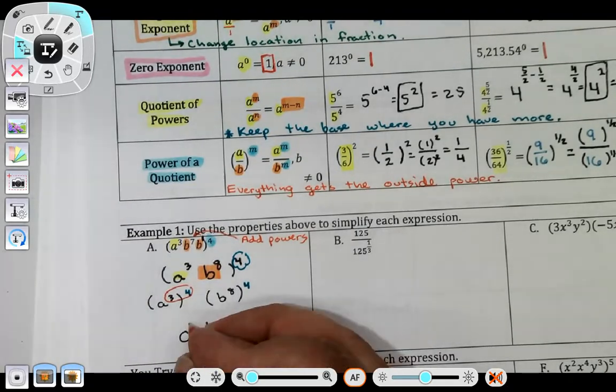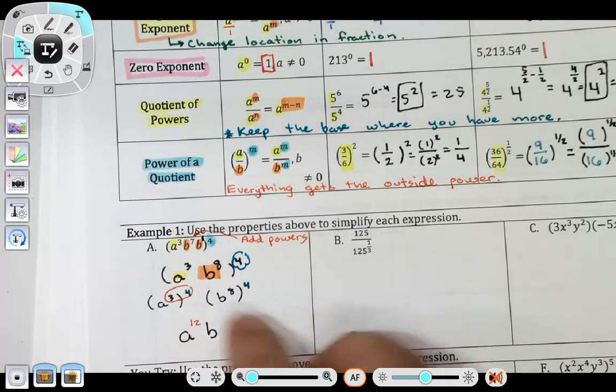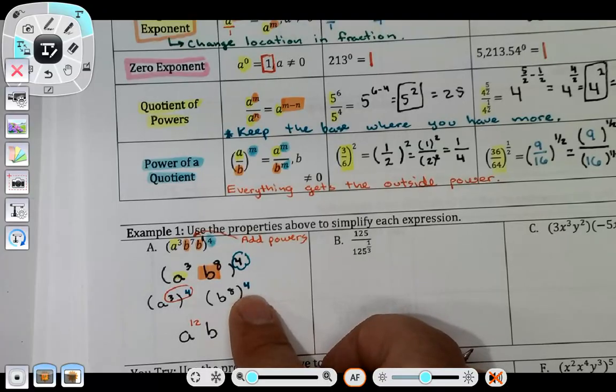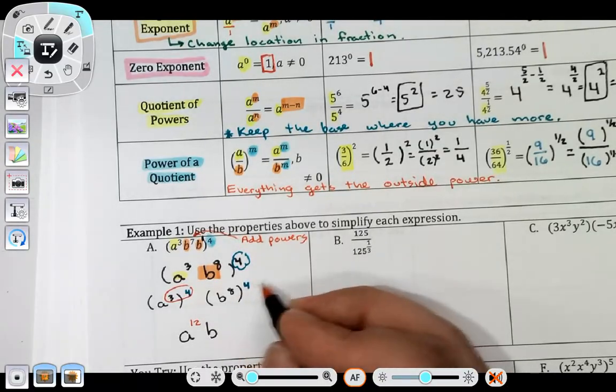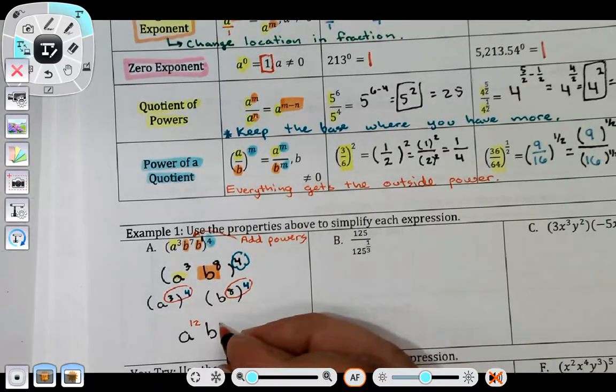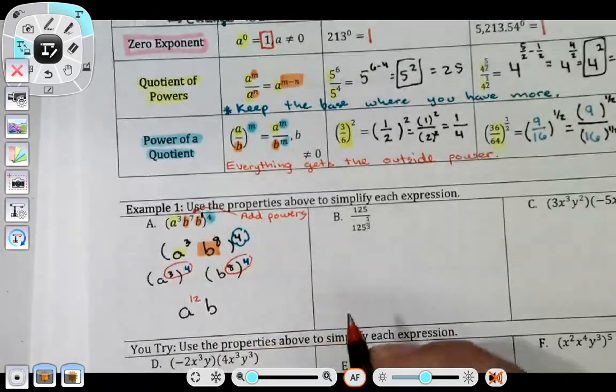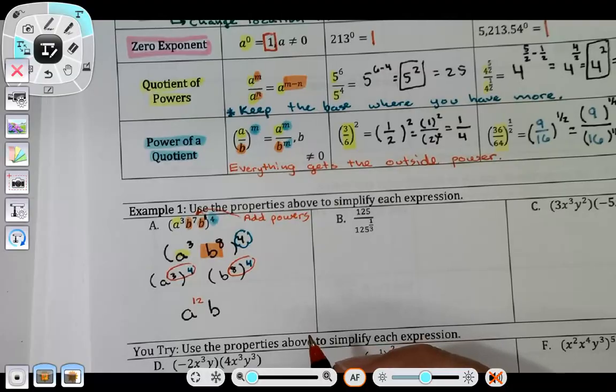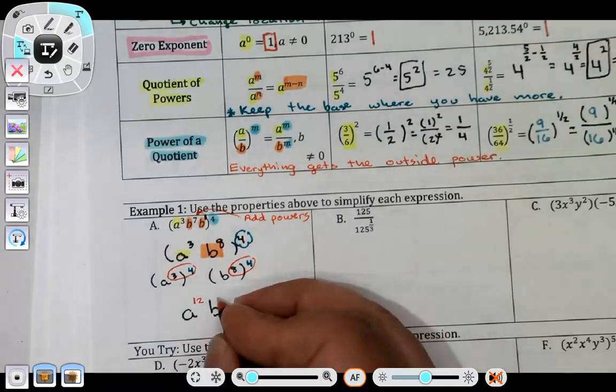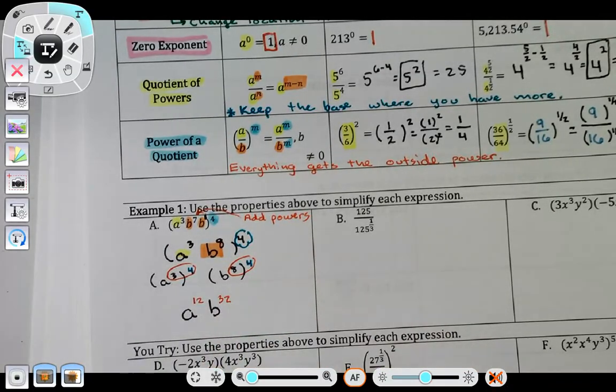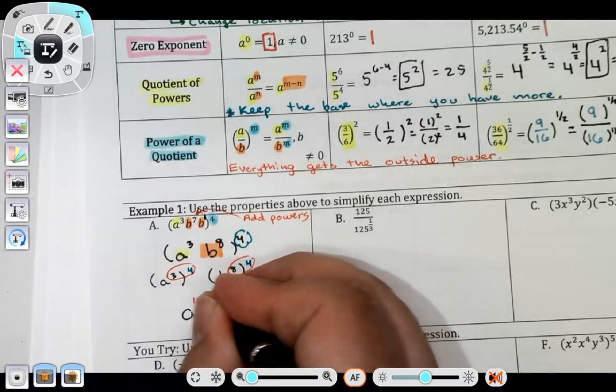So what's my answer here? 12. What am I supposed to do with my powers here, Emily R? Multiply them again, which is why we get 32. That's my answer.